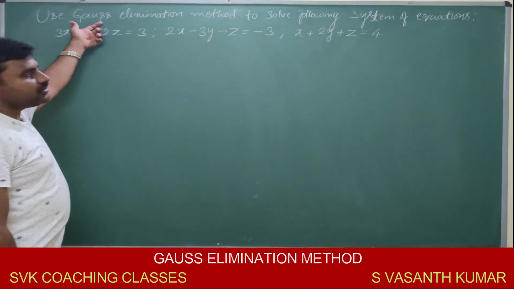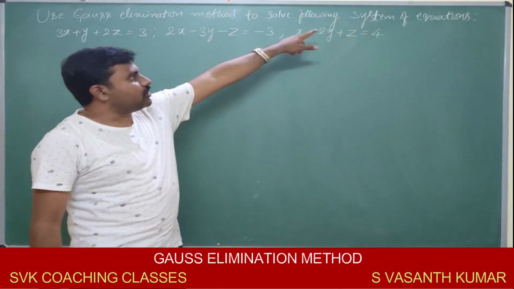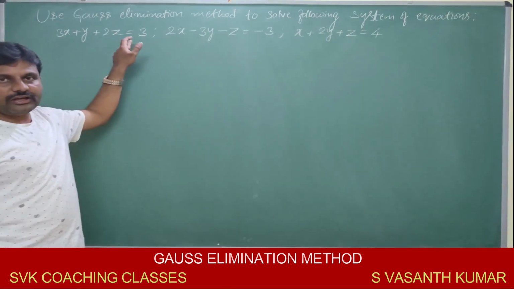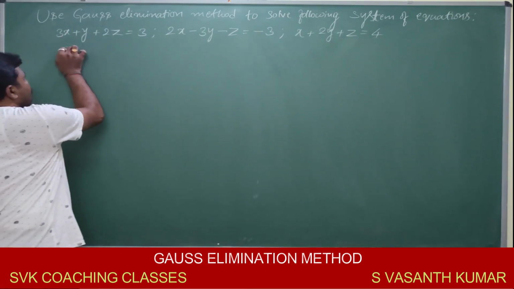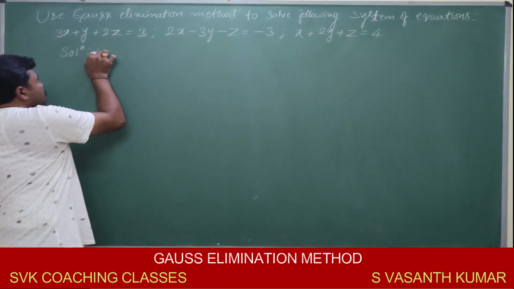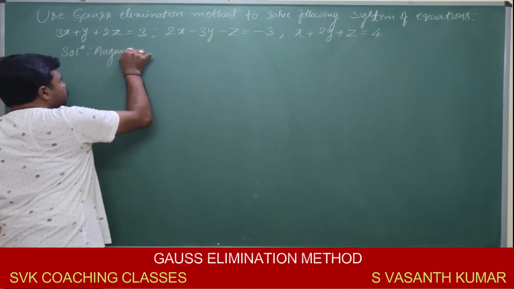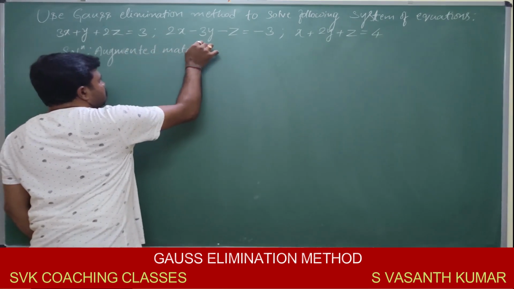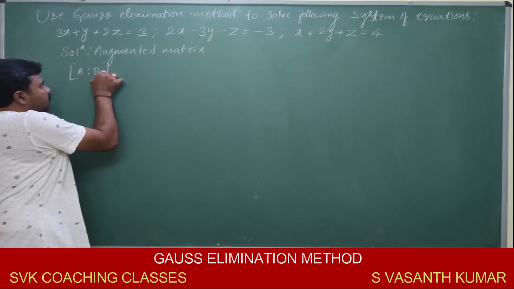Consider the problem: use the Gauss elimination method to solve the following system of equations. So 3 equations and 3 unknowns. From these equations I can write the augmented matrix. So what is the augmented matrix? The augmented matrix A|B.